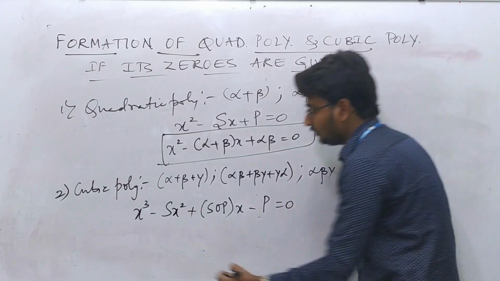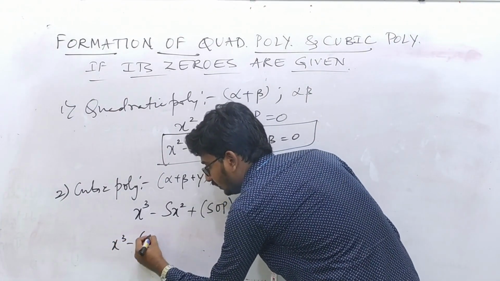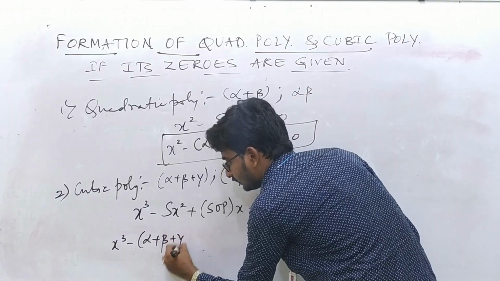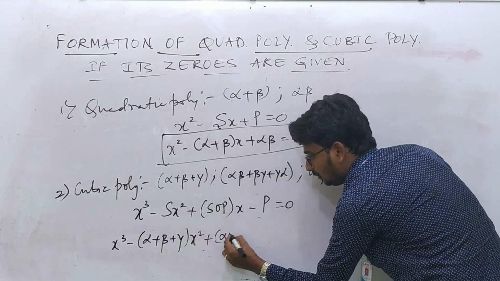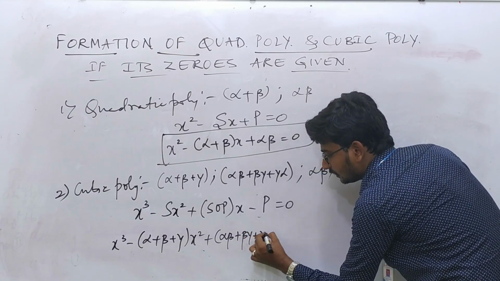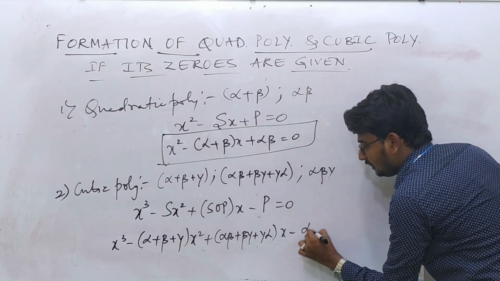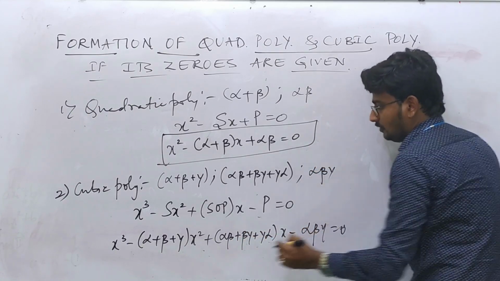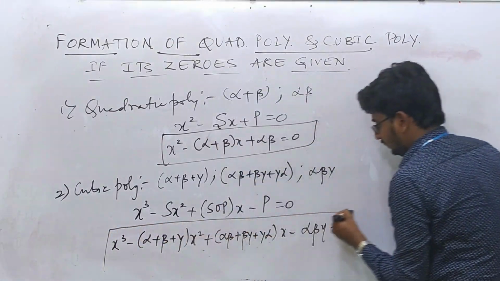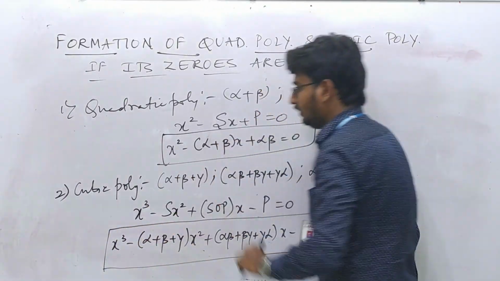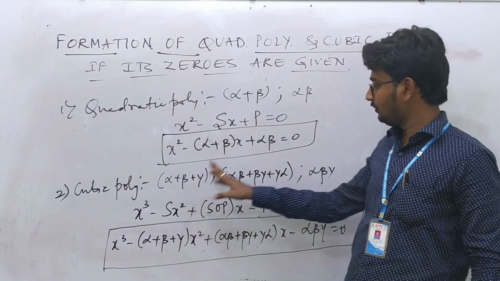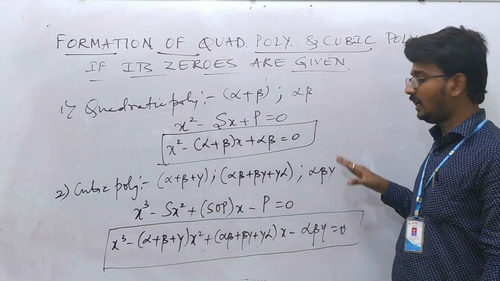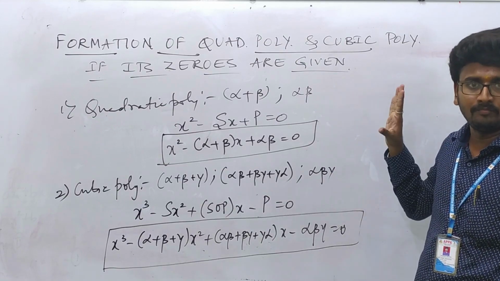Now substitute the values: x cube minus of alpha plus beta plus gamma times x square plus alpha beta plus beta gamma plus gamma alpha times x minus alpha beta gamma equal to 0. So this is the equation to find the cubic polynomial if the sum of zeros, sum of product of zeros and product of zeros are given.